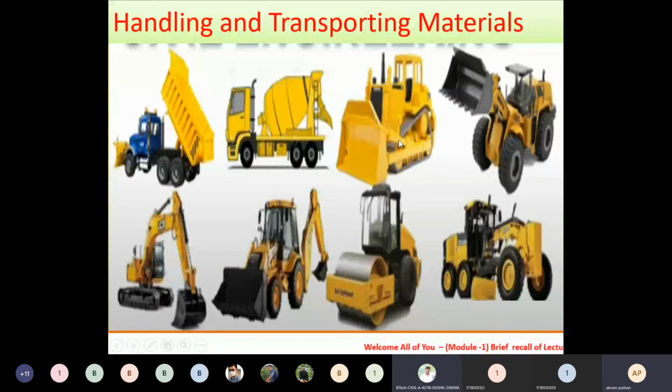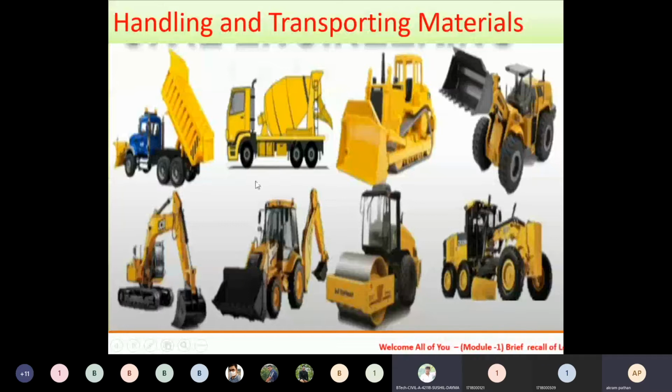These are the chain loaders, then tire loaders for lifting certain materials, then a JCB, which is multi-purpose machinery for lifting and excavation on the site. For compaction, we require this roller. Then this is a tractor.